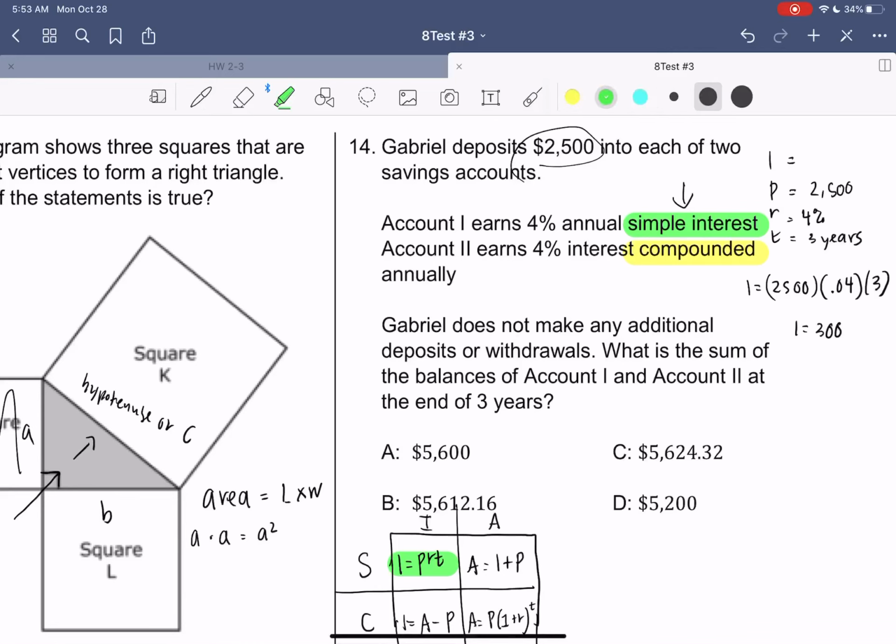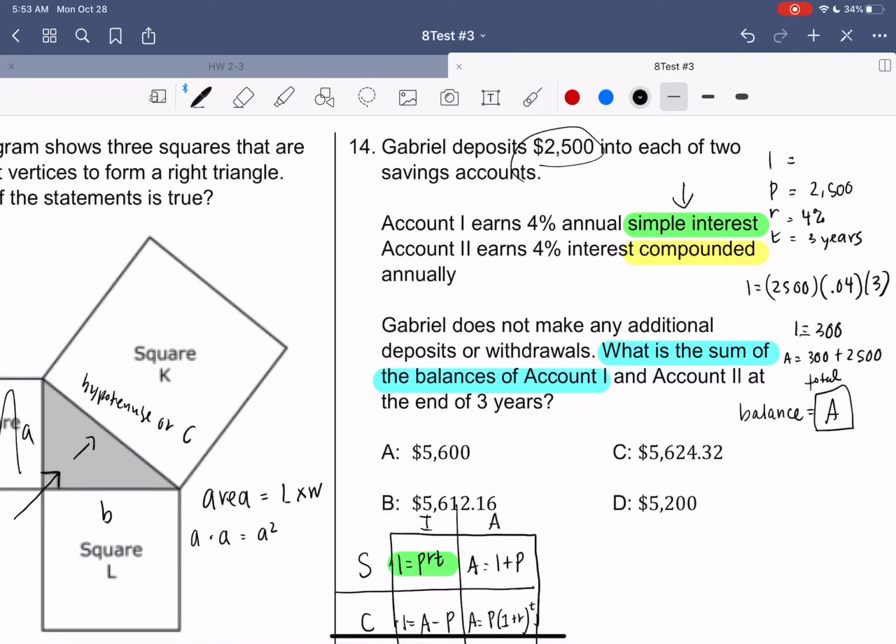But they're asking for the sum of the balances. So balances equals our big A, which is our total. So here, for simple, we have to take A equals 300 plus 2,500.